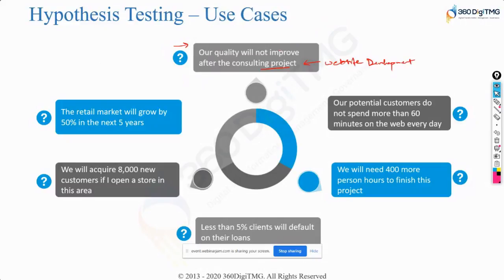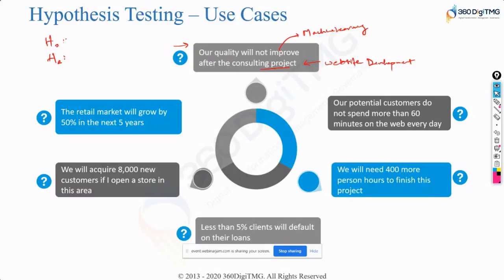You are known for solving business problems using machine learning. You have machine learning experts. But your client says, no, I also want website development. Please develop my website. So your management says that our quality is not going to improve. If I do this, I'm going to get a bad name because I'm not an expert in that. So what are the assumptions that you make here?